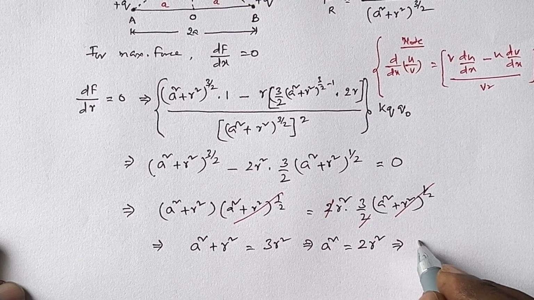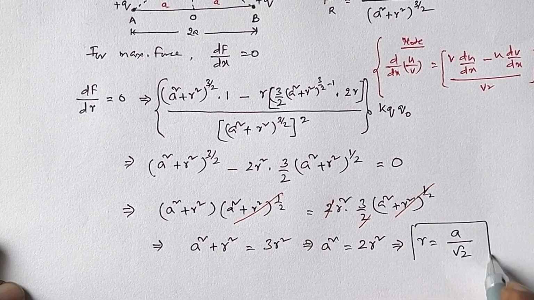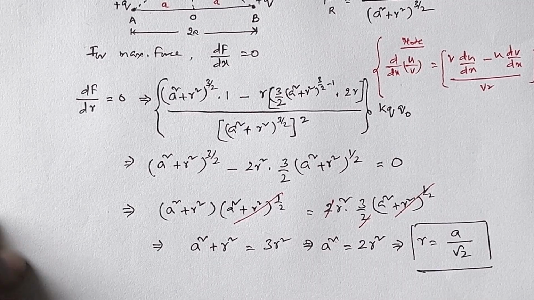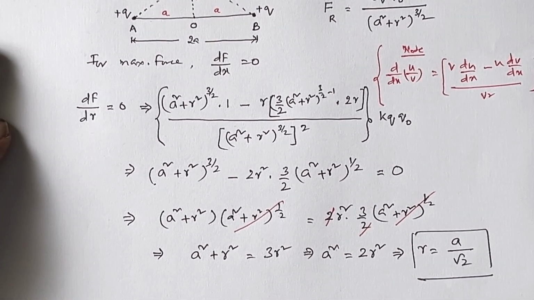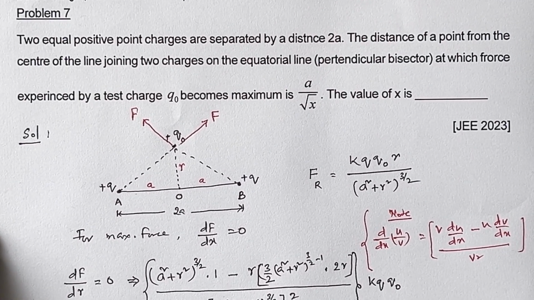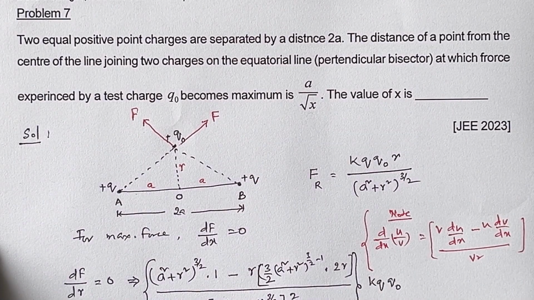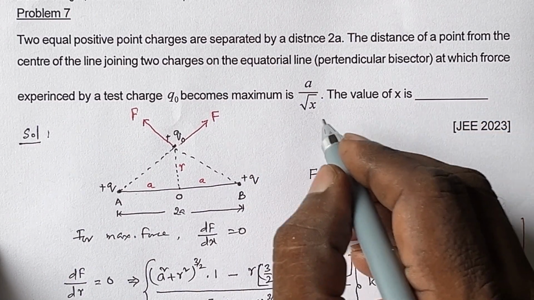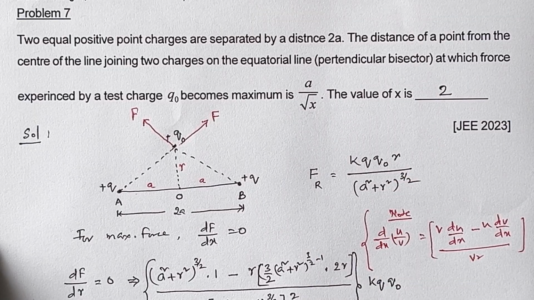That implies r is equal to a by root 2. So this is the answer. In the place of x, 2 is there. See here, a by root x, in the place of x root 2 is there. So here in the place of x, 2 came, so the answer is 2.